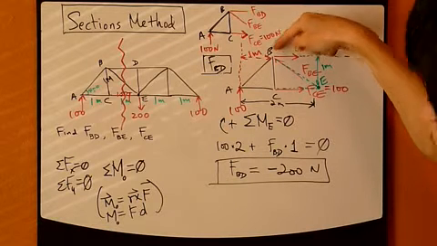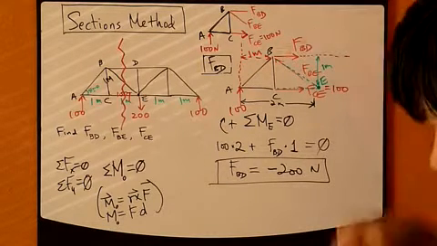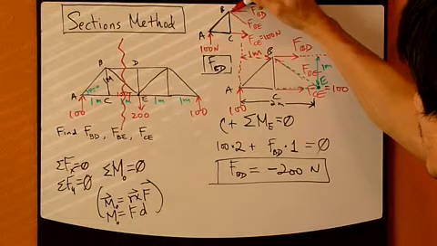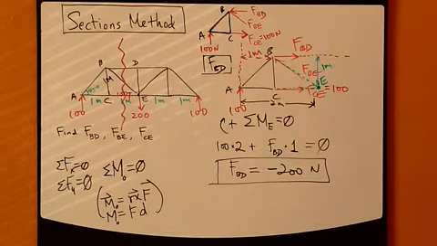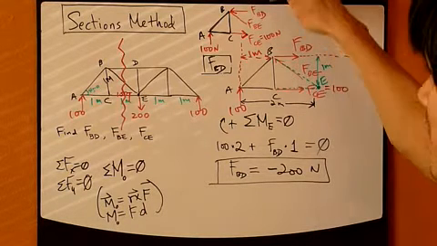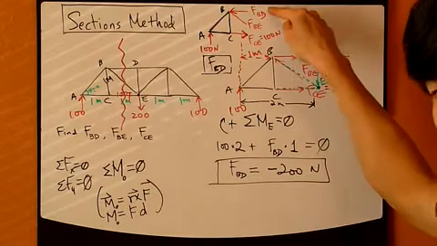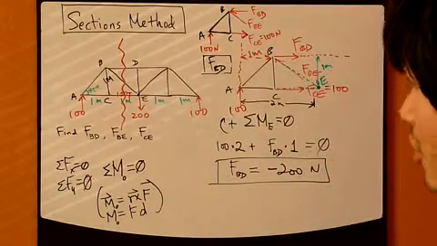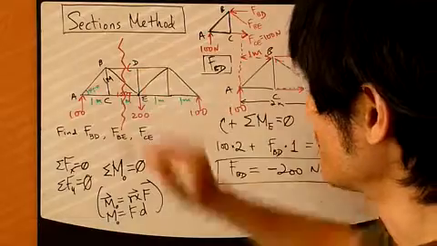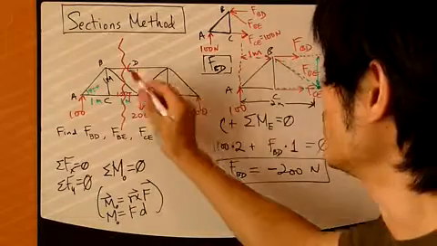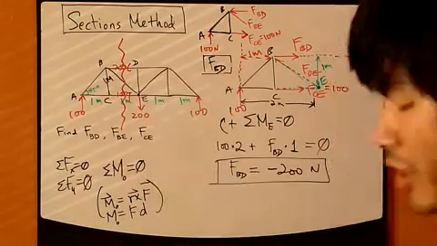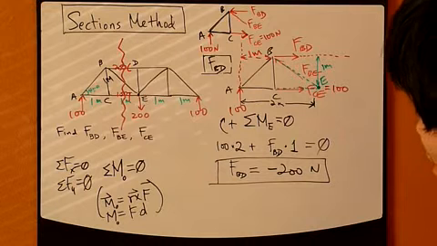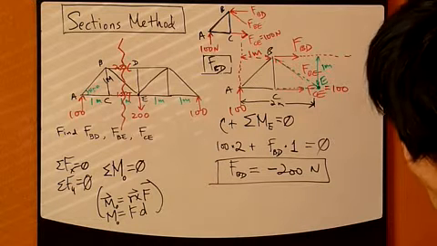So in reality, this arrow right here is actually pointing to the left. Pointing to the left means, according to Newton's third law, BD member is under compression. And 200 Newton compression. That's it for BD.